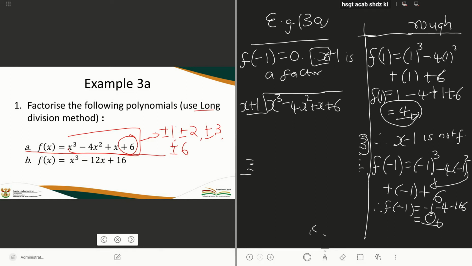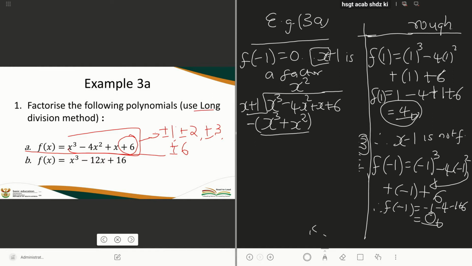Now, you simply follow the same procedure. x into x cubed goes how many times? It's x squared. So remember, you need to align your terms. x squared multiplied by x is x cubed. What do you do again? x squared multiplied by positive 1 is positive x squared. Remember to align your terms. And then you subtract the terms. x cubed minus x cubed is 0.